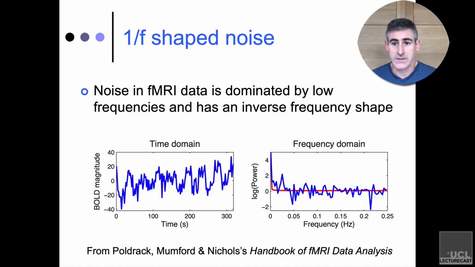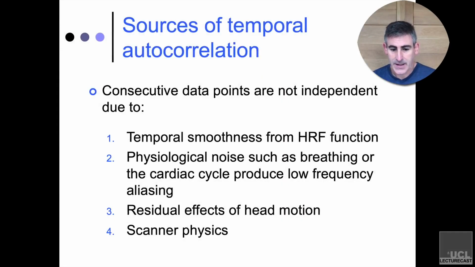That's a low frequency source of noise, the fact that it's not stable. And it's not changing that rapidly. It's not going up and down quickly. It's going up and down at a slow change, low frequency. So 1 over f shaped noise means that the low frequencies are dominating these noise patterns that we see.